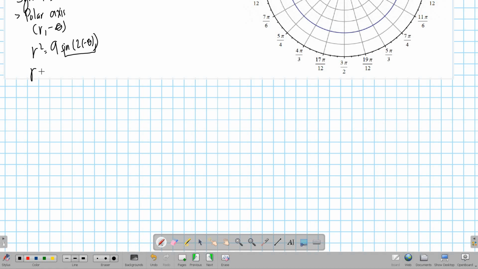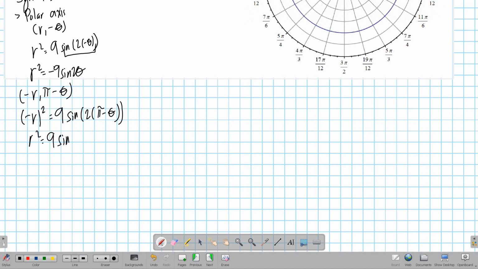This becomes r squared is equal to negative 9 sine 2 theta. Not the same. So if we're going to check it with negative r, pi minus theta, we're going to get negative r squared is equal to 9 sine of 2 times pi minus theta. Simplifying this, we'll get r squared is equal to 9 sine of 2 pi minus 2 theta.